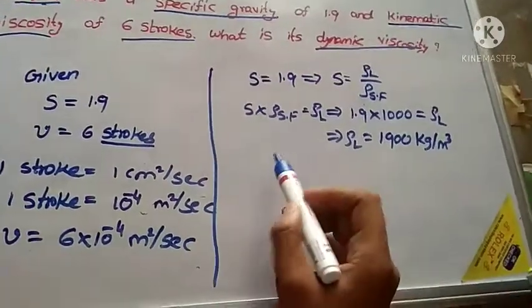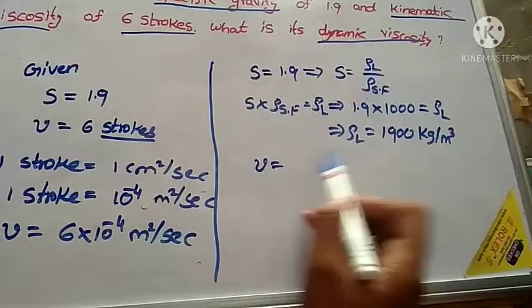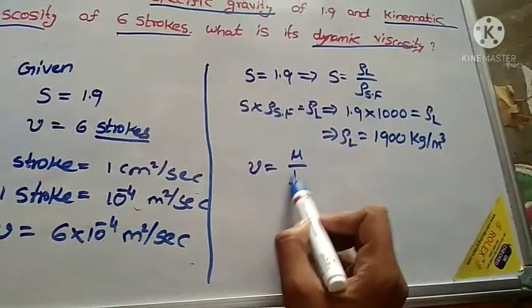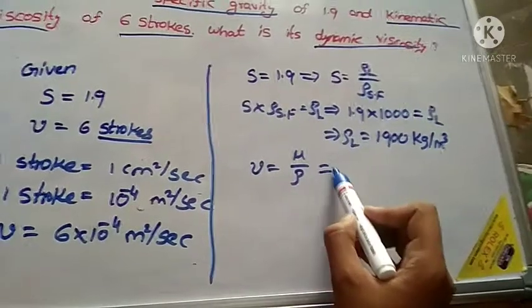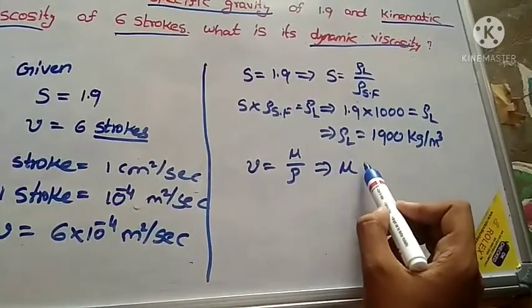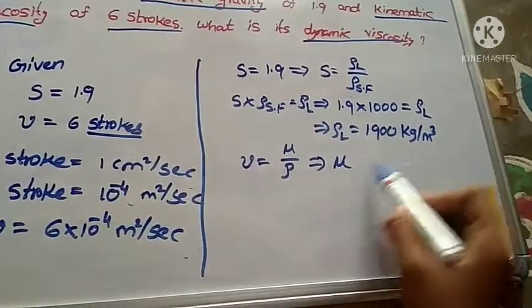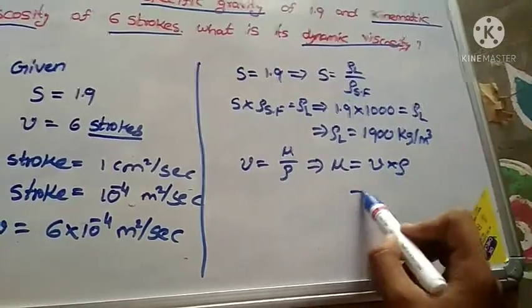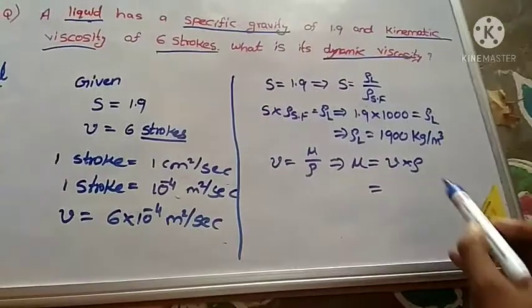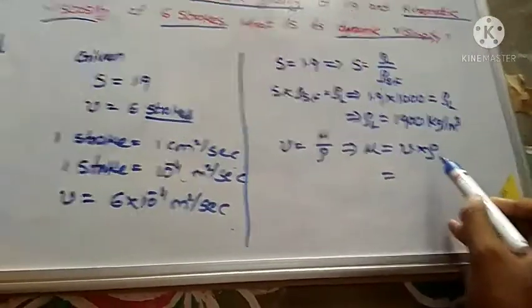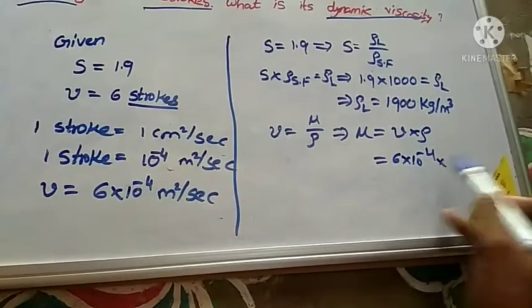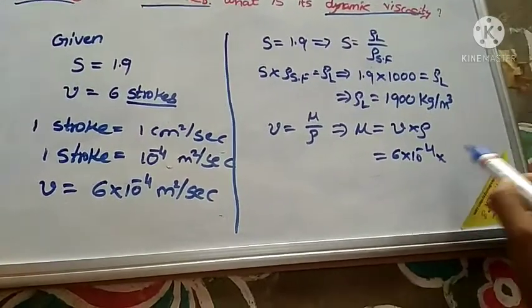And we know the kinematic viscosity formula, that is nu is equal to mu by rho. From here itself we would like to find mu, that is dynamic viscosity, which is equal to nu into rho. We know the values of nu and rho. So nu is 6 into 10 to the power of minus 4, into rho is 1900.